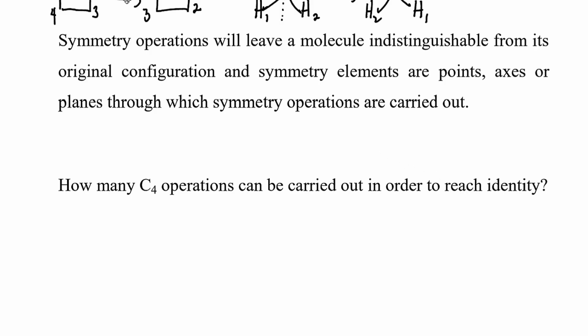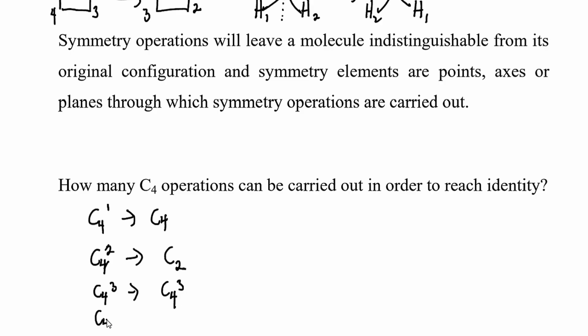Looking at this here, we have to carry this out 4 times in order to return back to the original configuration, right? So let's look at it. If we carry out C4 once, we're going to have C4. If we carry out C4 twice, this one cancels this, and therefore we have C2. If we carry out C4 thrice, we have C4 cubed, and if we carry out C4 4 times, we are going to have identity.